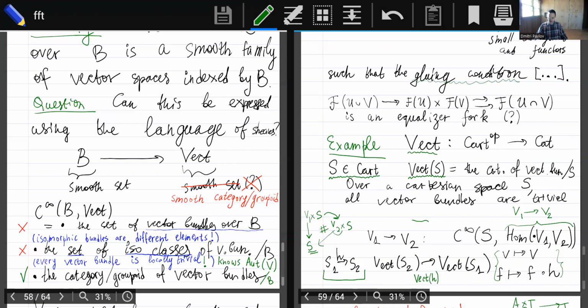And a morphism F, which I guess was called F here, a smooth map from S2 to linear maps from V1 to V2: if I also have a smooth map H from S1 to S2, I can compose F and H. And this is how my pullback works on morphisms.